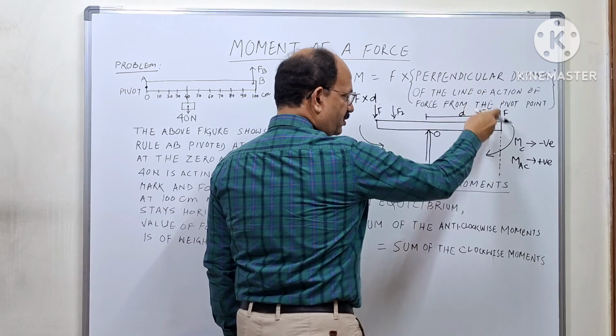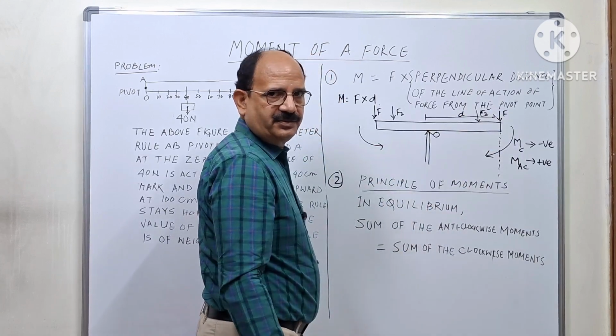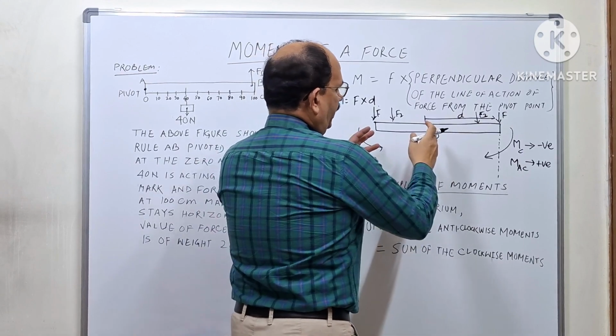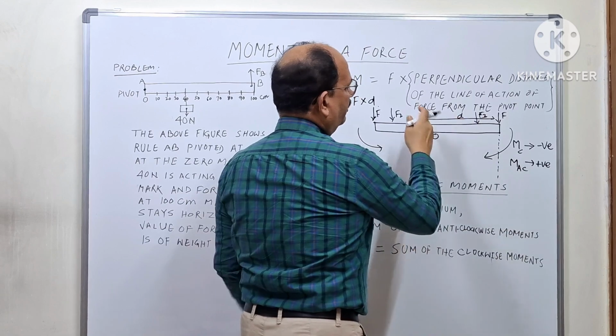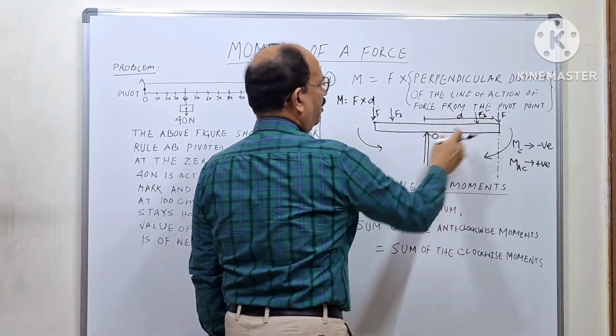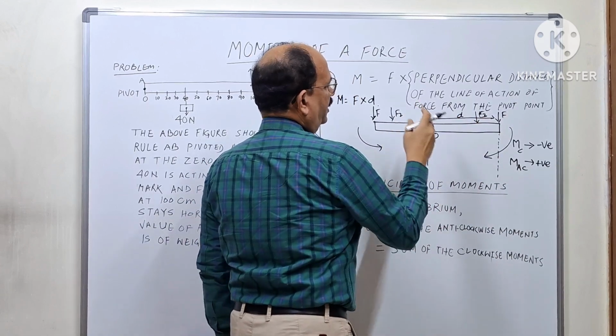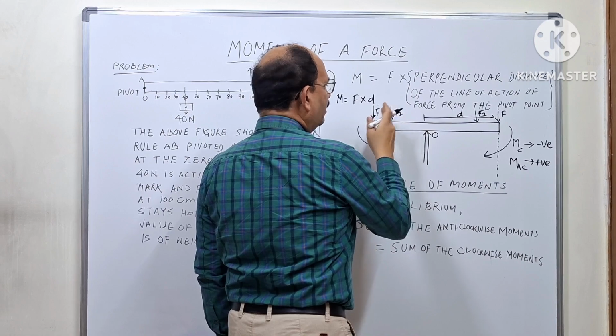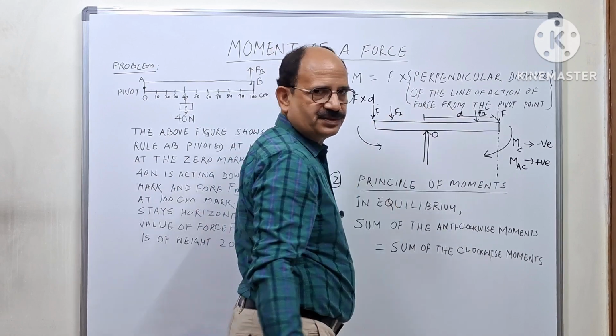This F3 will also try to rotate it in the clockwise direction, right? So, when number of forces are being applied on a rod which is pivoted, then the resultant moment will be the net moment produced by all the forces.